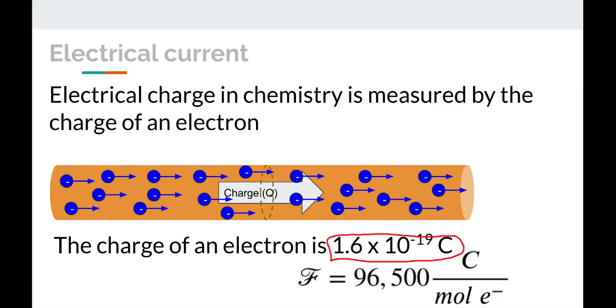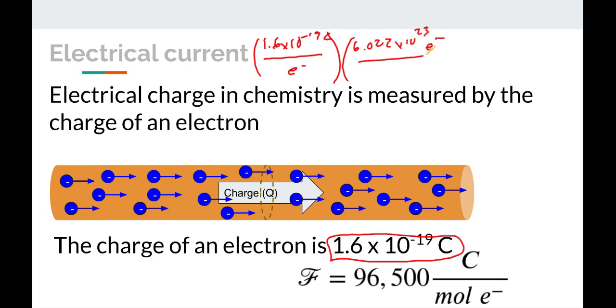So if we wanted to know what was the charge on an entire mole of electrons, we can just do a little dimensional analysis thing. There's 1.6 times 10 to the negative 19th coulombs for one electron, but there's 6.022 times 10 to the 23rd electrons per mole of electrons.